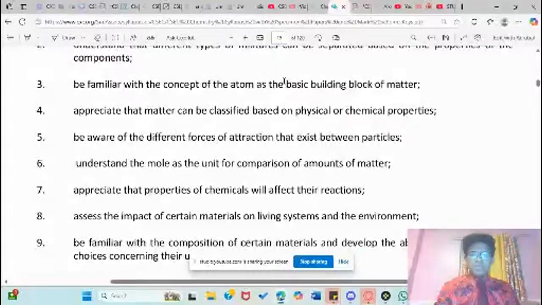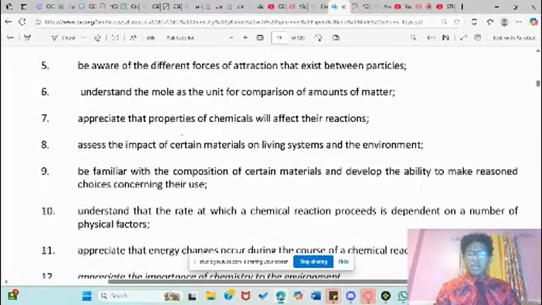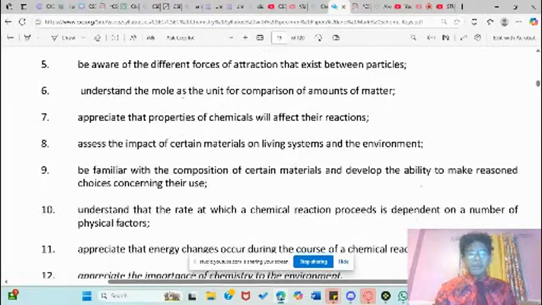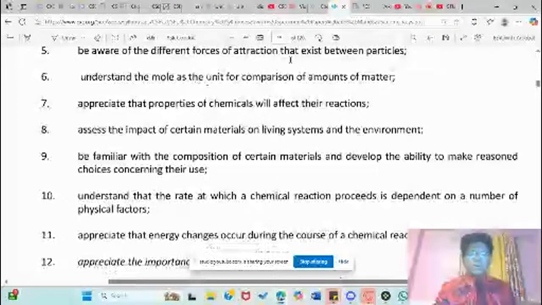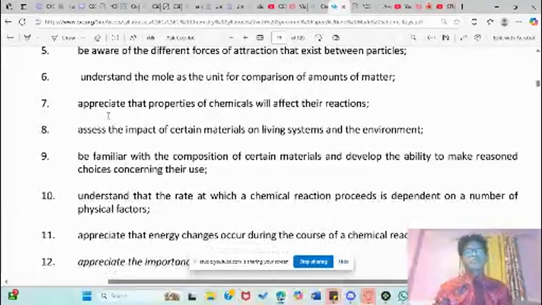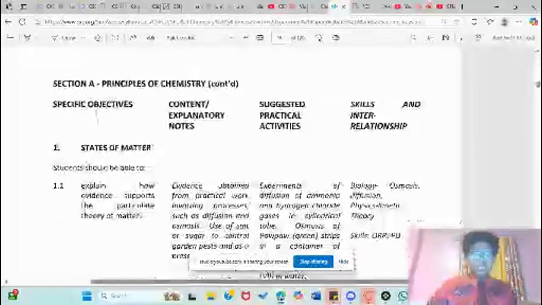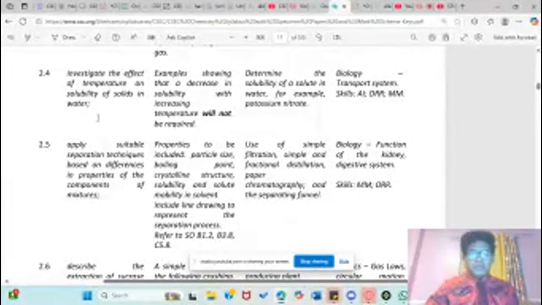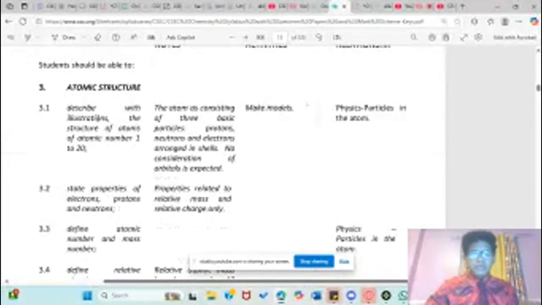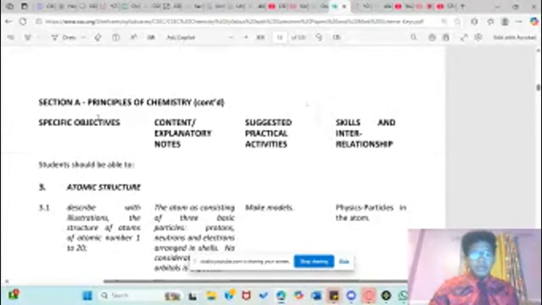Be familiar with matter. Appreciate that matter can be classified into both physical and chemical properties. Be aware of the different forces of attraction that exist between particles. Understand the mole as a unit for comparison of amounts of substances. Appreciate that properties of chemicals will affect the reactions. It's a lot of points.